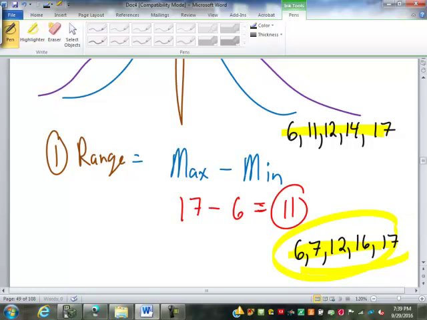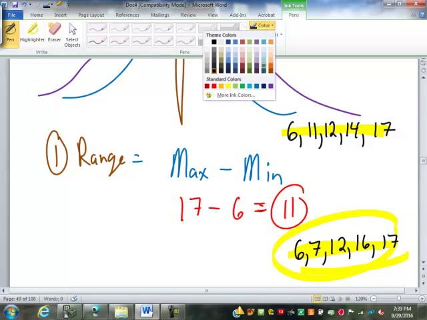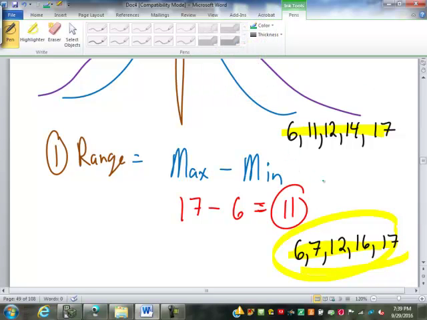If I were to put these on a number line, like I did that dot plot for my distributions, this one here, I've got 6, 7, 8, 9, 10. I'm going to have a dot at 6, 11, 12, 14, and 17.